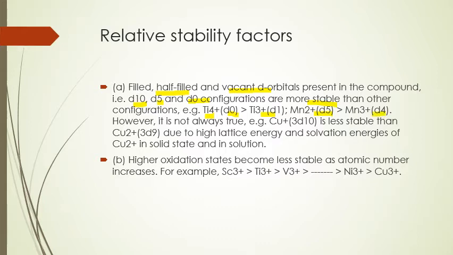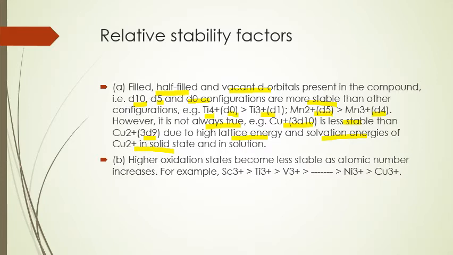Then this d4 is not stable, and d5 is more stable, but we can't say it is always true. For copper, the 3d10 is less stable than Cu2 plus, that is 3d9, due to the high lattice energy and the solvation energy in the solid state and in the solution.